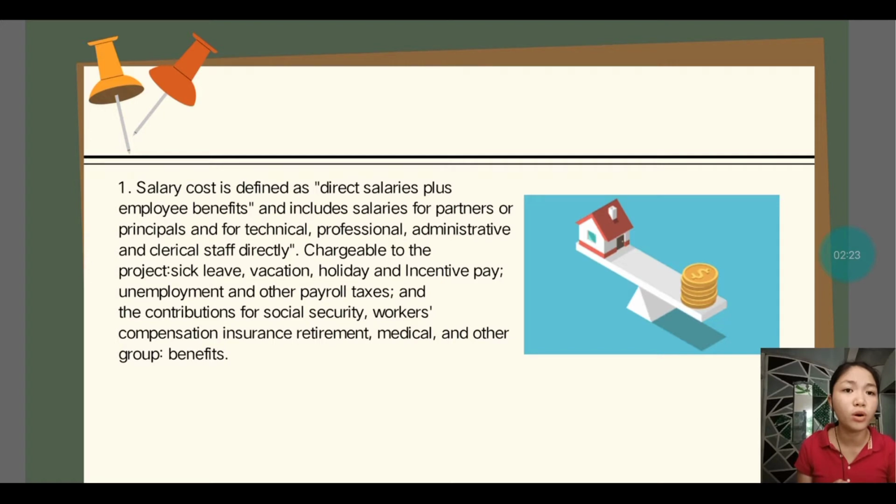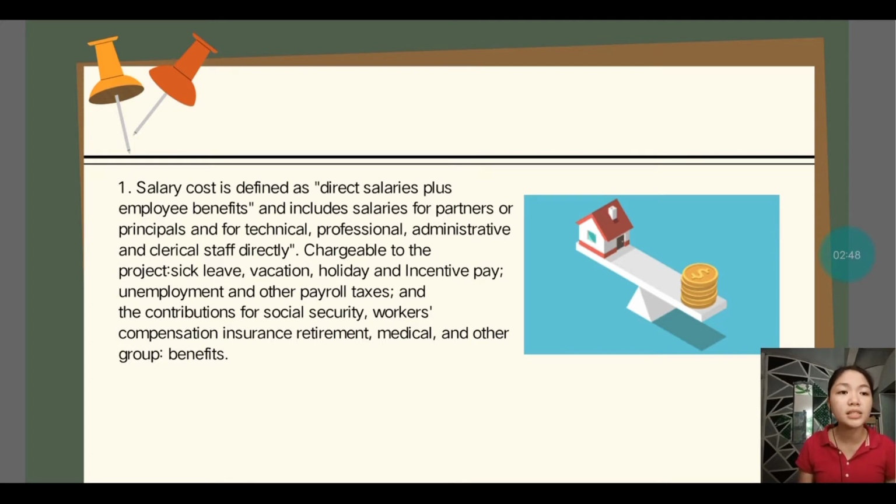It is chargeable to the project, for example the sick leave, vacation, holidays, and etc. Also the salaries or imputed salaries of the partners or the principal, to the extent that they perform technical or advisory services directly chargeable to the project.